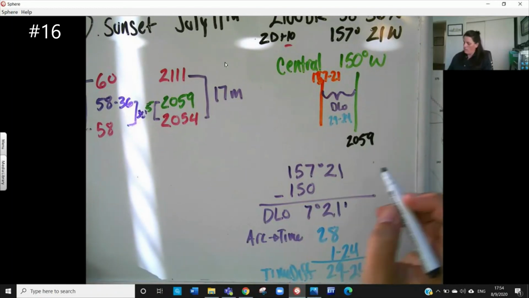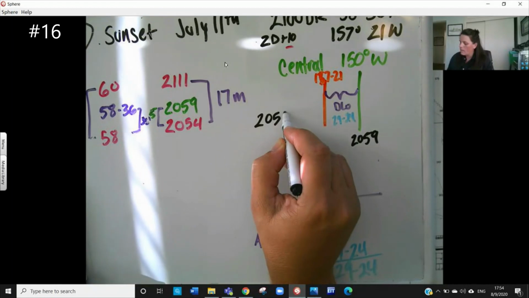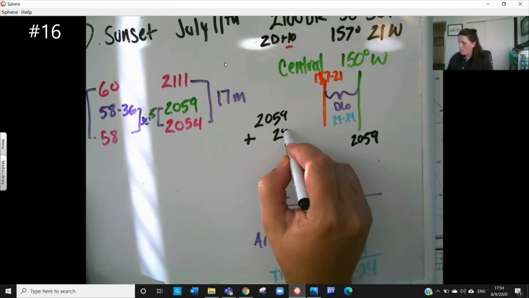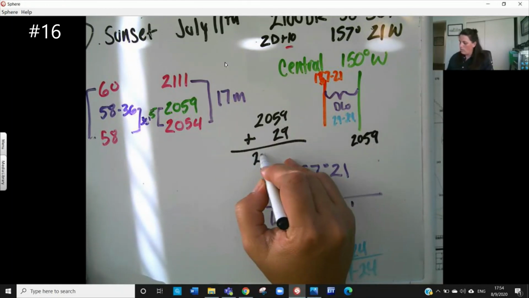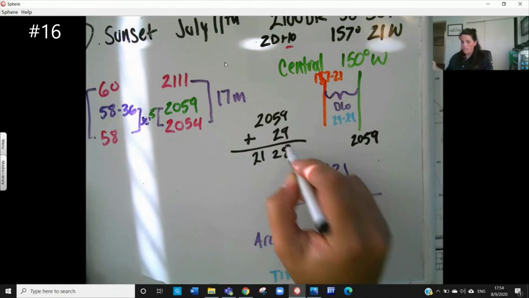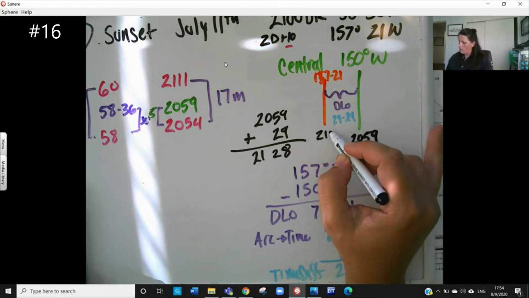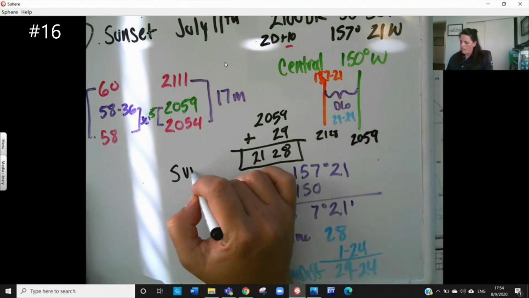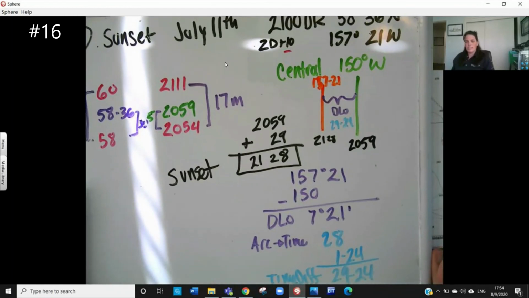I'm going to round and say 20:59 plus 29 gives me 21:28. So it would happen for us at 21:28, and that would be our time of sunset. And that's it for our time calculations.